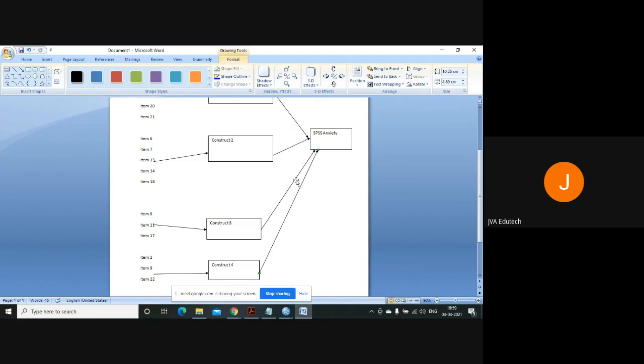The Anderson-Rubin method scales the factor scores so that the estimated factor scores are uncorrelated with other factors.